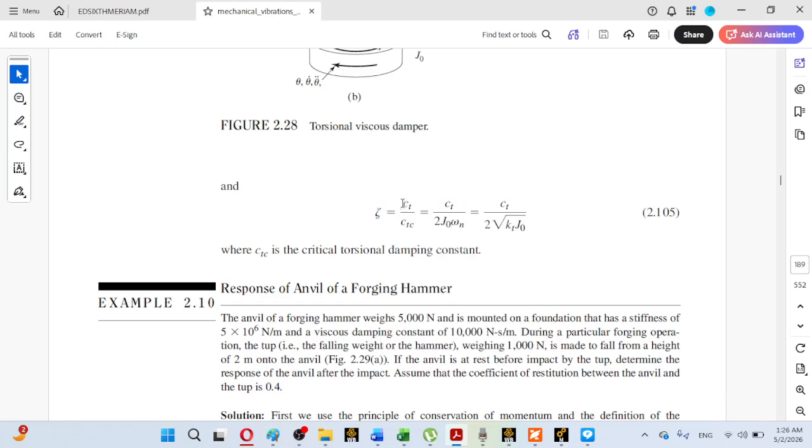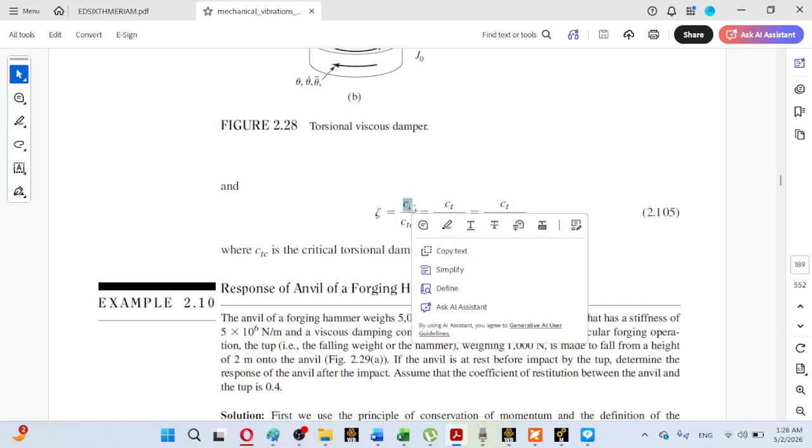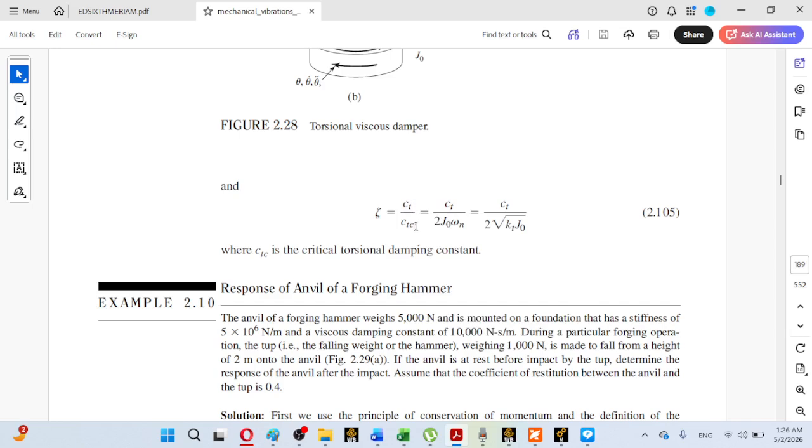So the value for the torsional damping constant, the actual torsional damping constant using this formula, is 184.346 Newton meter second per radian. When you multiply it with pi by 180 to convert it into degrees, you will be obtaining 3.2174 Newton meter second per degree.